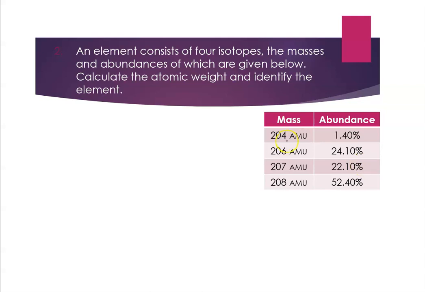Here we're given the mass and abundance, the mass and abundance, mass, abundance, mass, abundance. So we have 4 isotopes, so we're going to need to do 4 sets of parentheses to find the atomic weight.